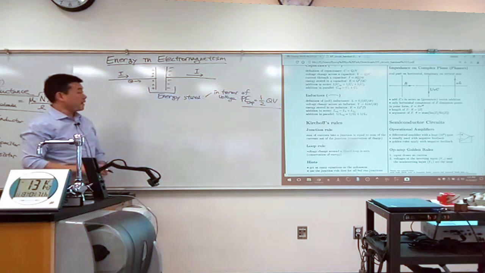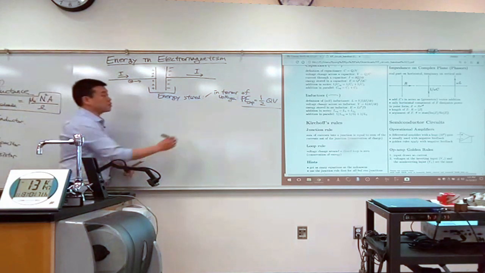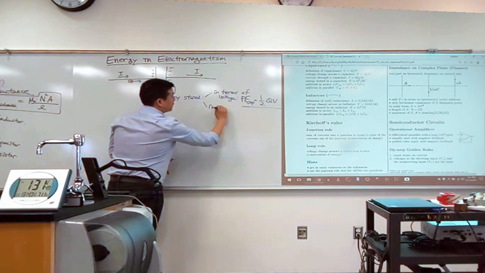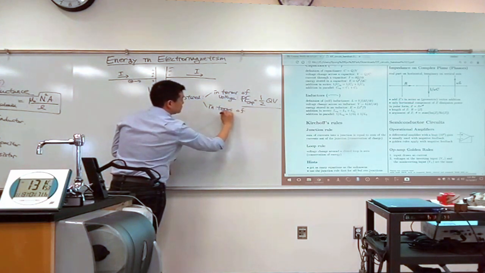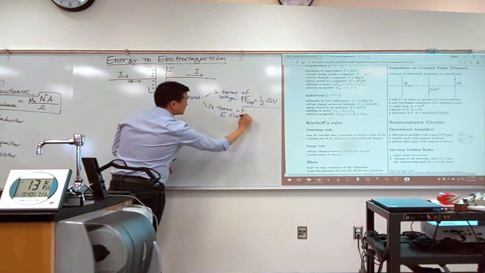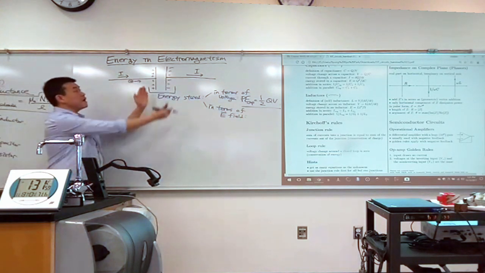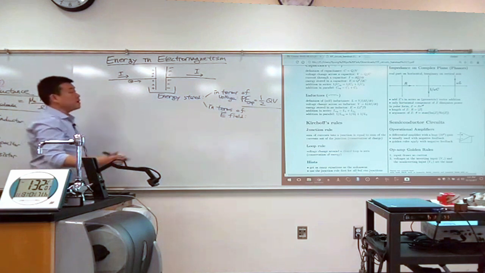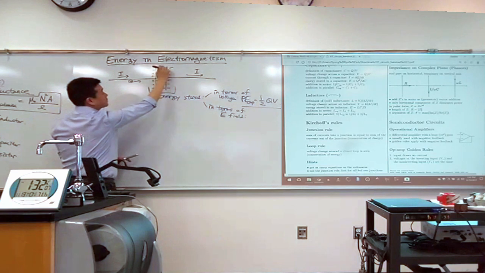Right? And another way to look at the amount of energy stored was actually in terms of the electric field. Is this sounding familiar? Yes? When you have charge stored on the capacitor, there's an electric field established within the volume of the capacitor.